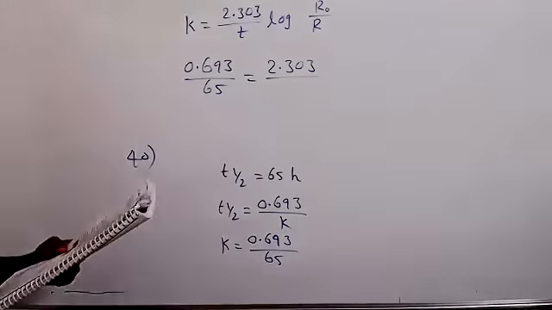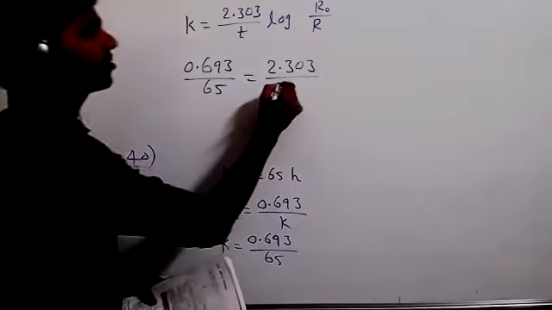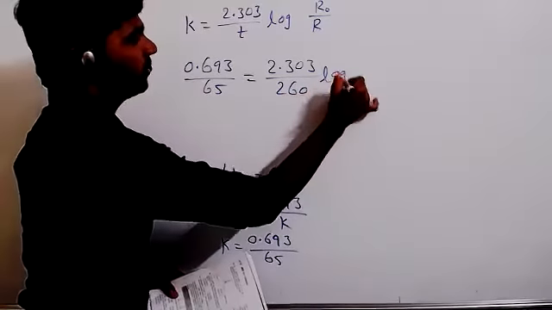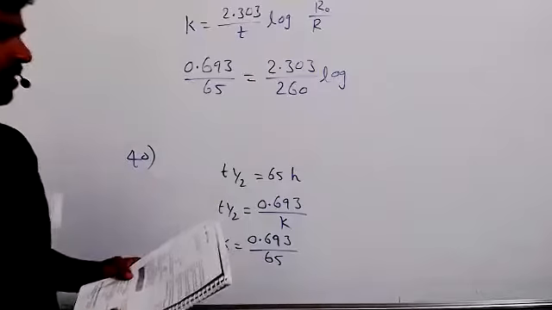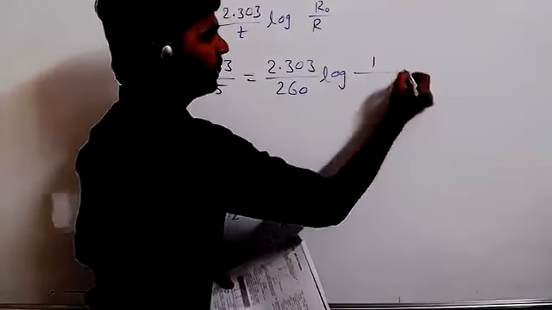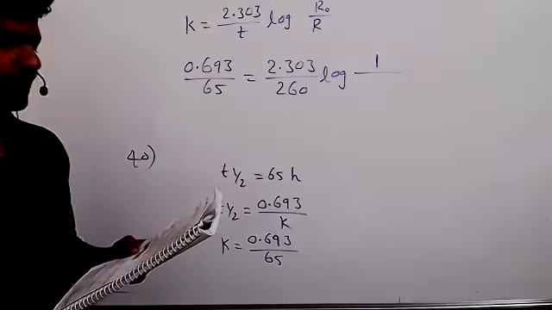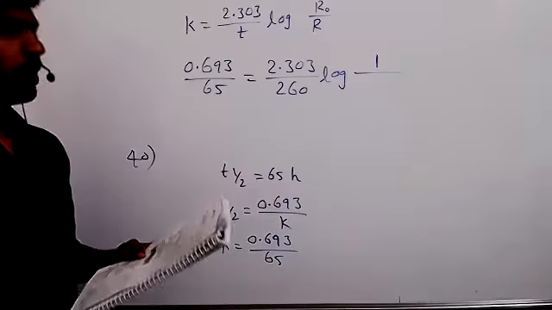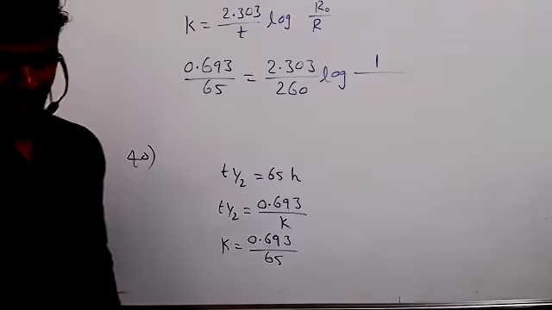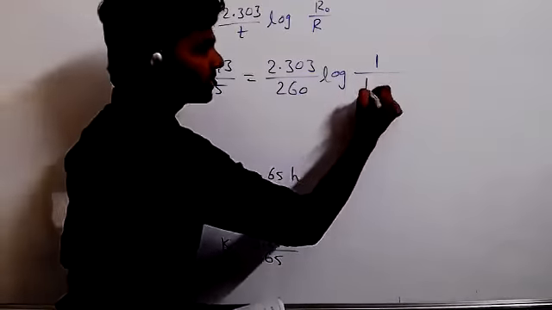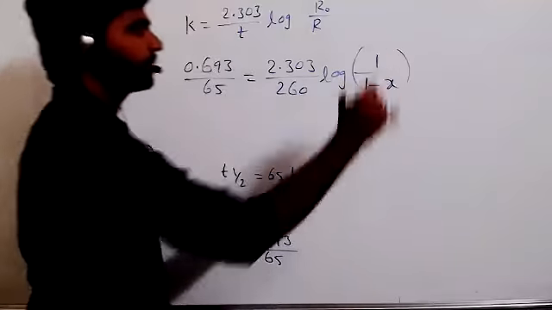T is given as 260 hours. For the log of initial concentration, take 1 gram of gold, divided by the amount left after 260 hours. We have to take 1 minus x, where the x value we have to calculate.